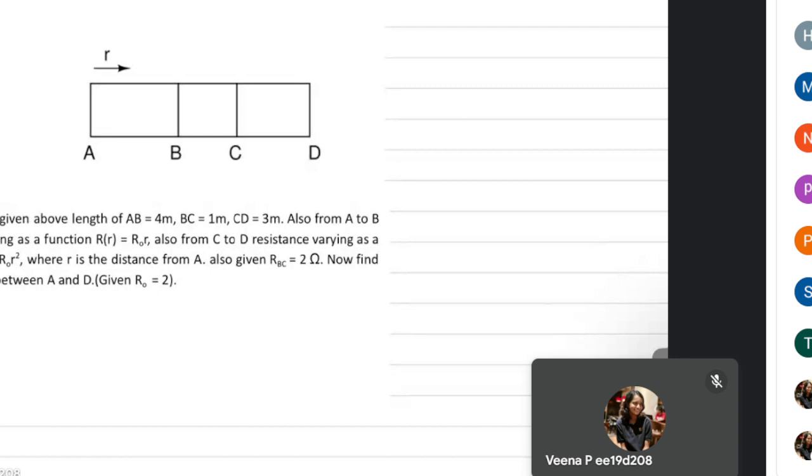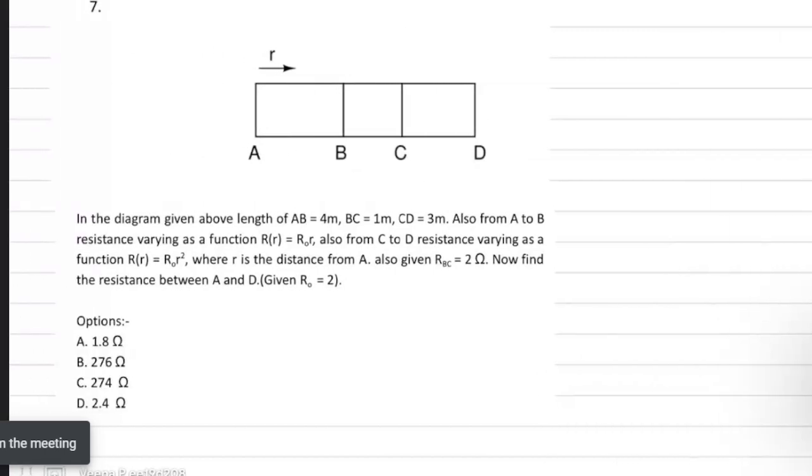Could you please turn it off? Let us move on to the next question. Please go through the question. You have time till 8:35.